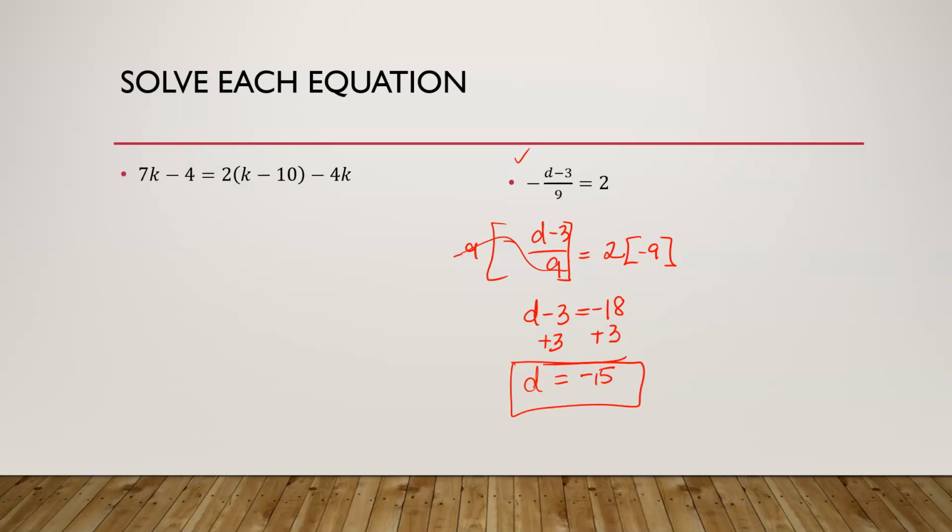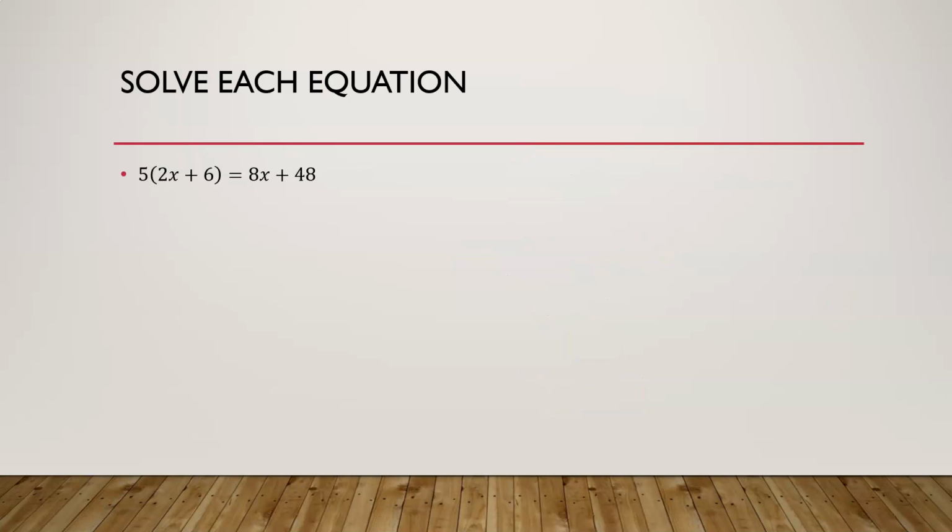All right, let's go on to, oh, there's one more. Let's do this next one. Okay, so I have to distribute first. So I have 5 times 2x is 10x. 5 times 6 is 30.